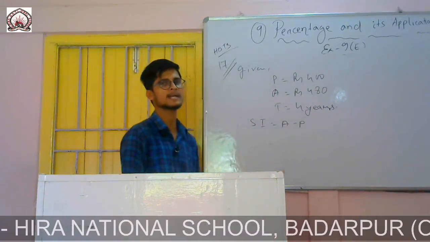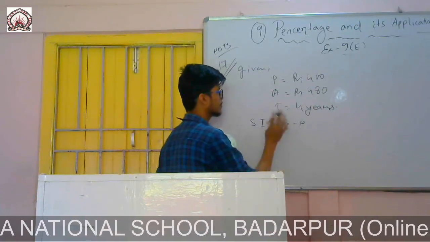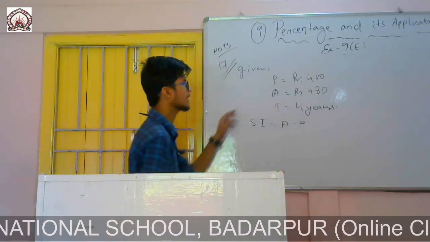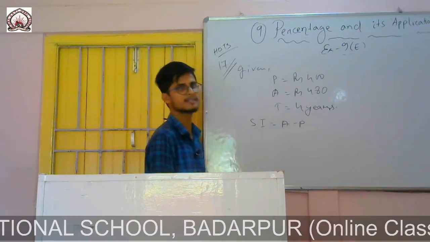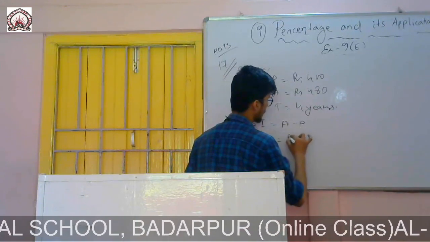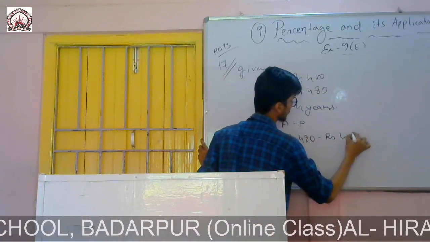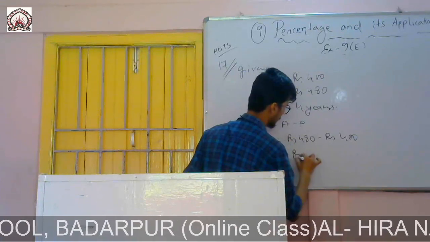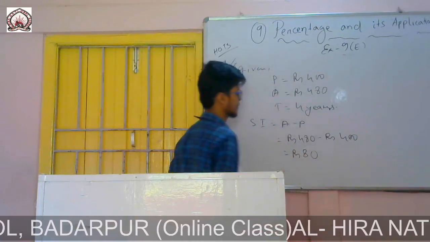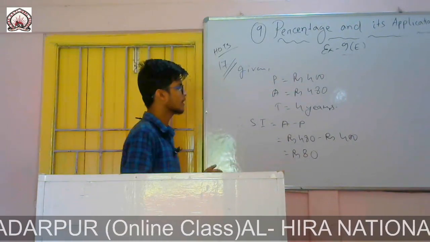One formula is PRT by 100; another, if amount and principal are given, is amount minus principal. Amount is rupees 480 minus rupees 400, that means rupees 80. It is the SI.